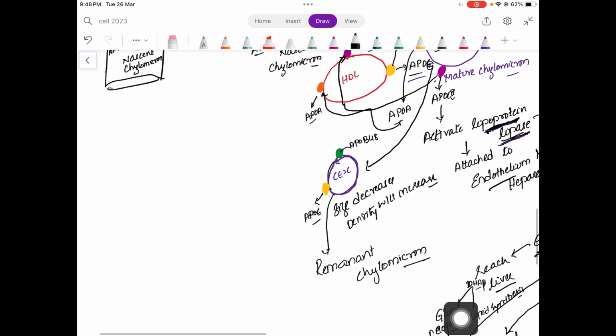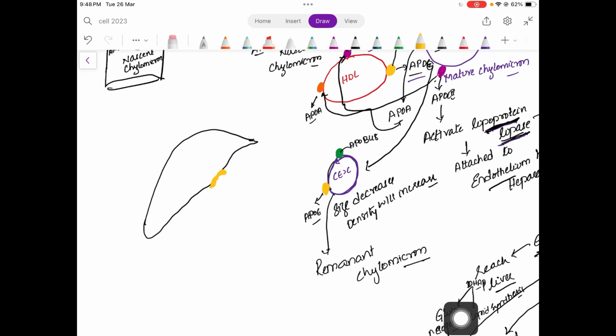Now, these remnant chylomicrons will reach the liver, and in the liver we have ApoE receptors.